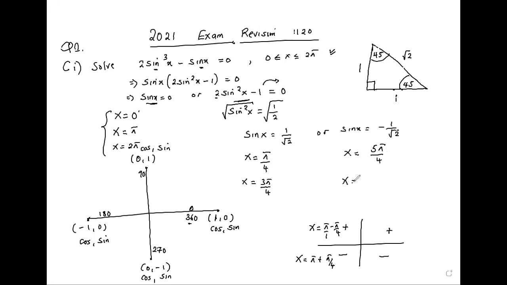And in the fourth quadrant, we subtract. So we have 2 pi minus pi over 4. That's 8 pi minus pi, that's 7 pi over 4. And so we have these solutions: 1, 2, 3, 4, 5, 6, 7.